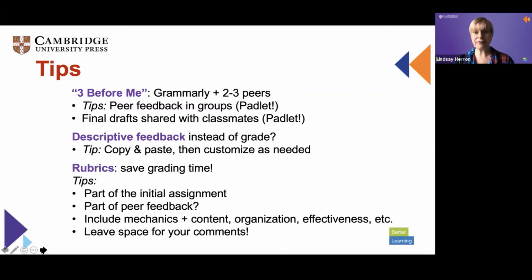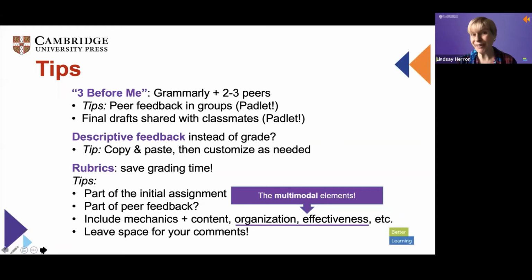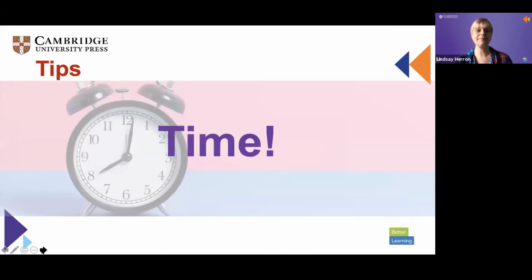I recommend for multimodal projects that you include not just mechanics and content, not just the language stuff, but organization, effectiveness, and so on. You know, the multimodal part of multimodal projects, and leave space for your individual comments and your customized comments for students.